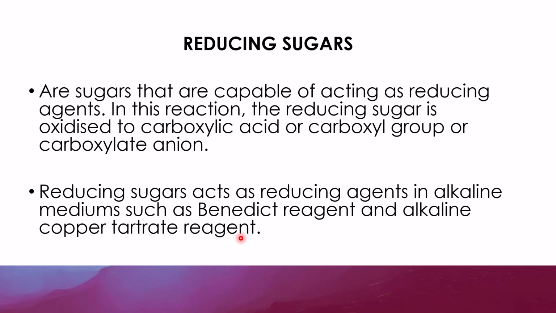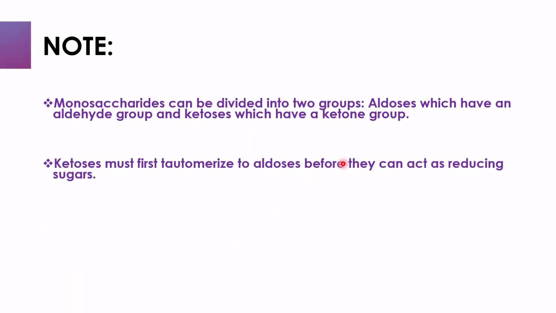What we also have to note is that monosaccharides can be divided into two groups. So we have the aldoses, which have an aldehyde functional group, and ketoses, which have a ketone functional group. Also, ketoses must first tautomerize to aldoses before they can act as reducing agents.